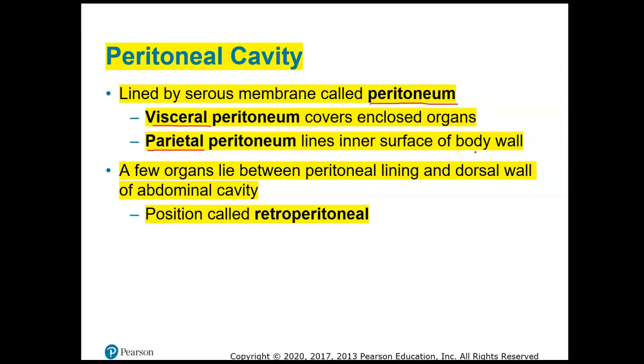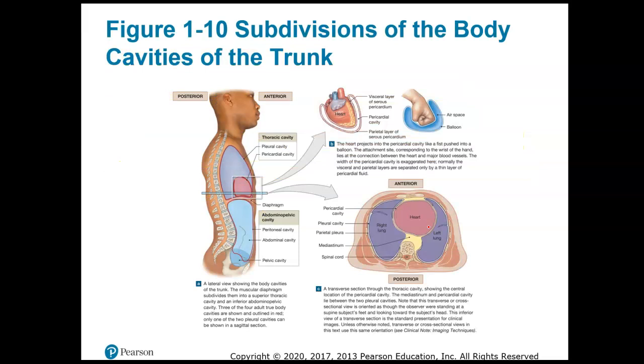So it's outside the visceral peritoneum. And then in between the visceral and parietal would be peritoneal fluid. Any organs that are outside of the peritoneum, which is the lining of the abdominopelvic cavity, are called retroperitoneal. For example, the kidneys and the pancreas are retroperitoneal.